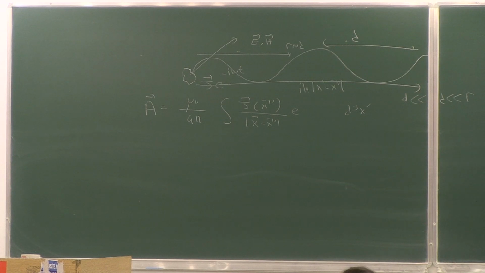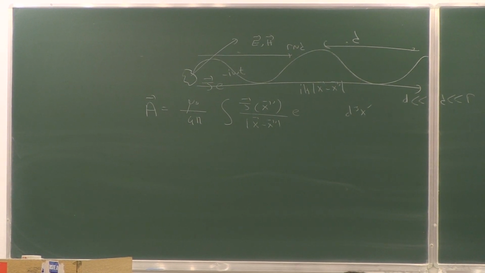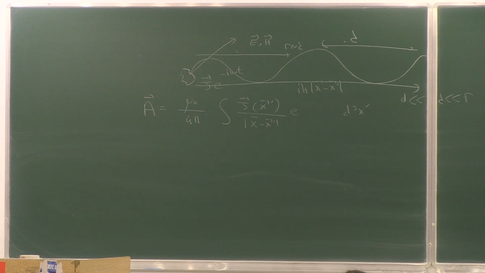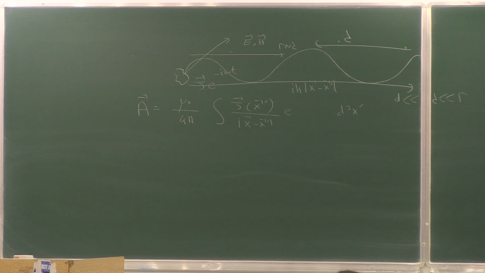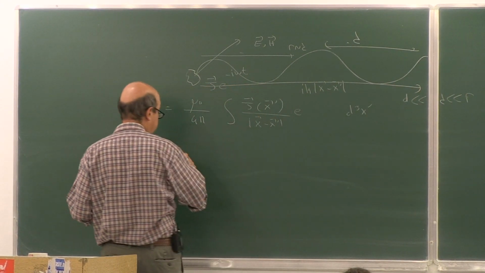So for the far field zone, we derive the vector potential in the following form.